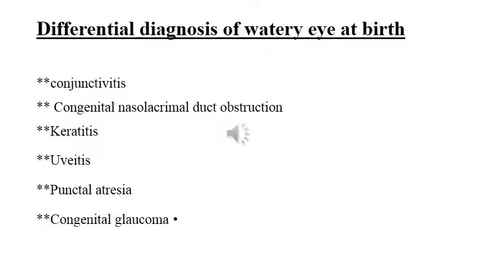I mean in the first month, truly in the first 2 months, so it's not necessarily at the moment of birth: conjunctivitis, congenital nasolacrimal duct obstruction, keratitis, uveitis, punctal atresia, or congenital glaucoma.